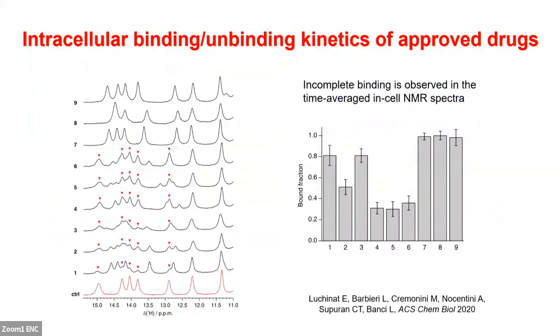And we see that for some of these drugs the binding to carbonic anhydrase is immediate. Some others are really slow. And so on time average, we see that some are fully bound, some only a fraction. And then we can follow this.